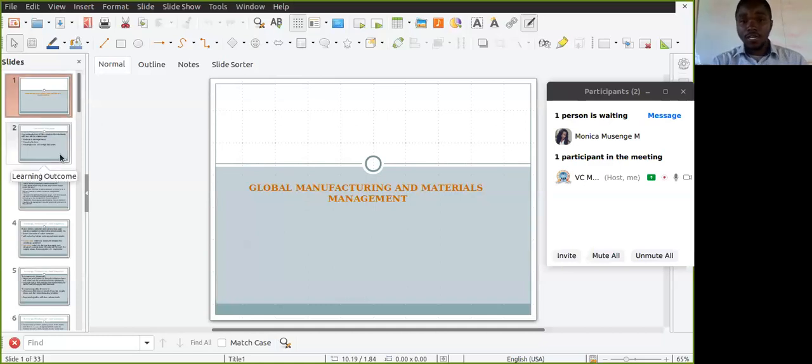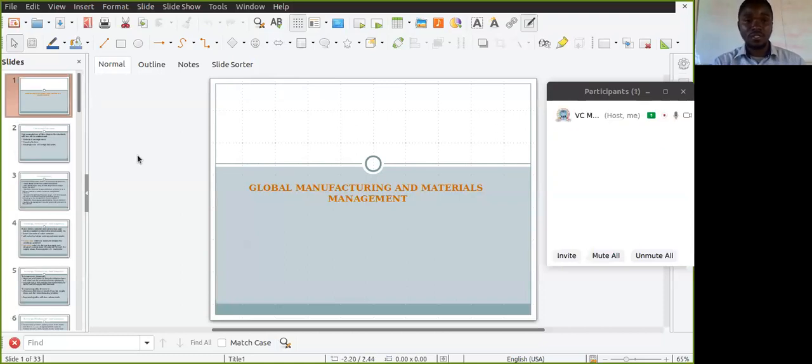So today we'll look at global manufacturing and materials management. In this topic, now after you've established yourself, what kind of products are you going to be dealing with, and what are the things that you're going to be looking at on that foreign or international platform.